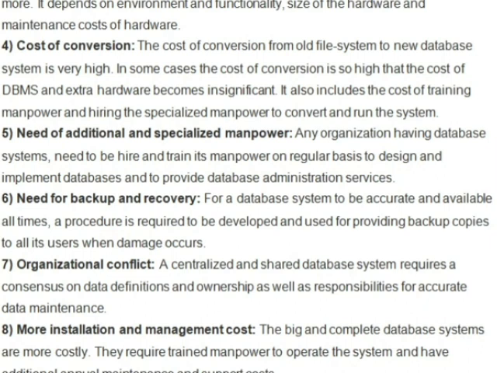Next is need of backup and recovery. For the database management system to be accurate and available all the time, a procedure is required to develop and use for providing the backup copies to its users when damage occurs, and it has to be done as a backup and recovery procedure whenever there is a crash in the system, because we know that database management system is centrally located at one place.